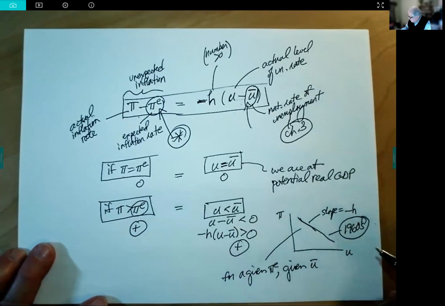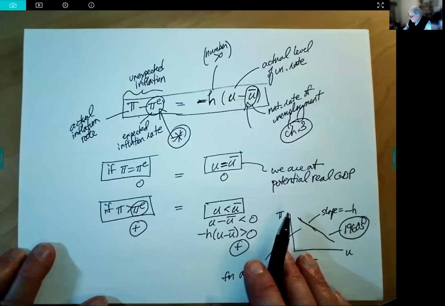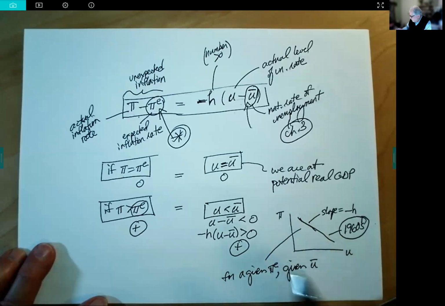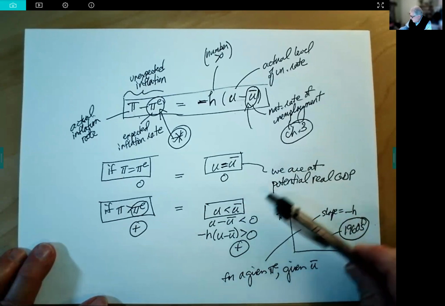Well, the short answer to that is this: to the extent that this represents an equation that we can graph and then see if the actual data look like that, what it means is that this relationship was actually shifting around.